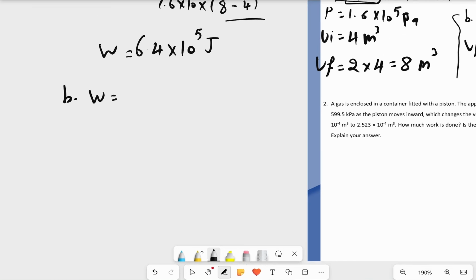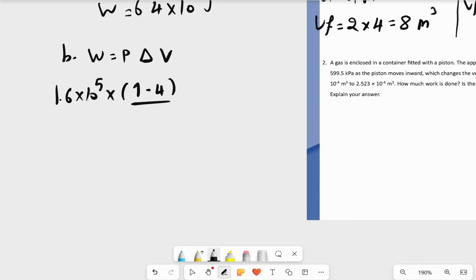Work is going to be pressure multiplied by delta V. Then pressure is going to be what? 1.6 times 10 to the power of 5. Volume is going to be, remember, final is equal to 1, and then initial is equal to 4. So we get a minus here. It's going to be minus 3.